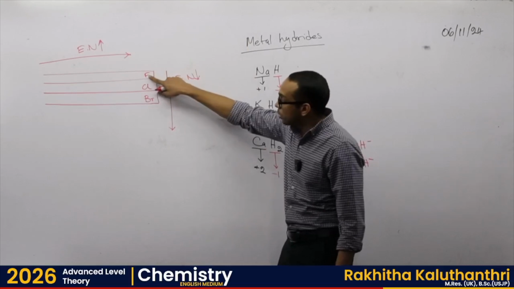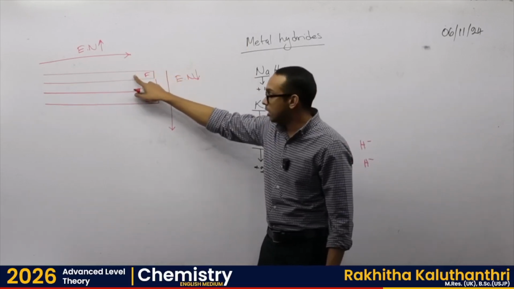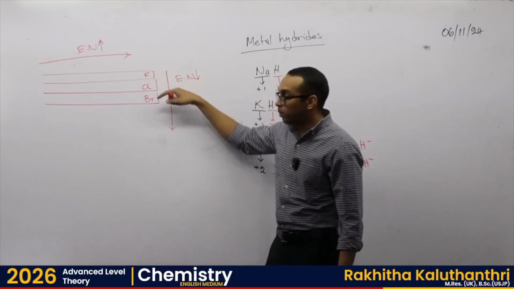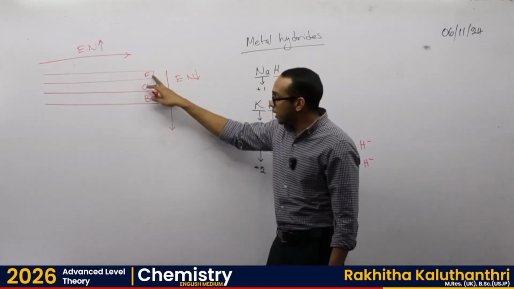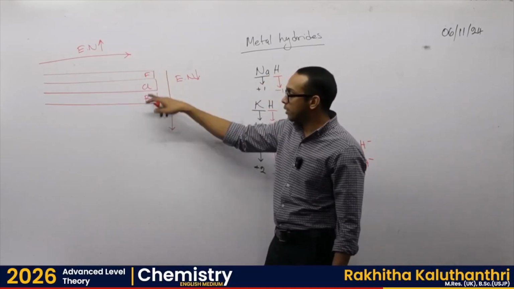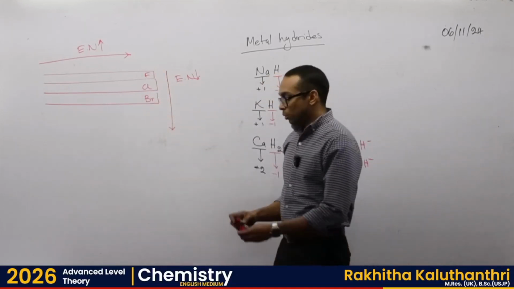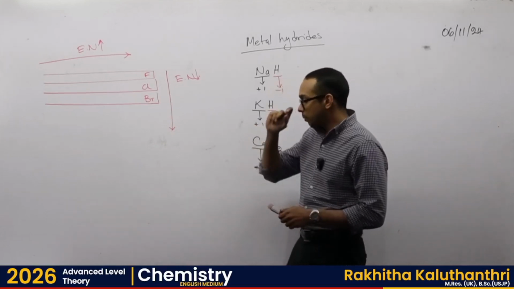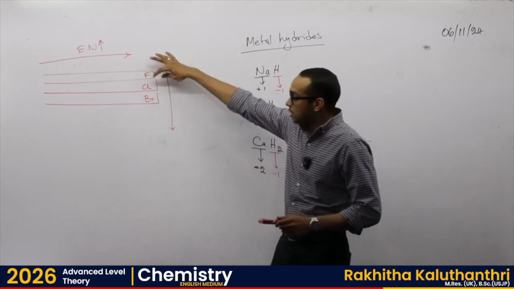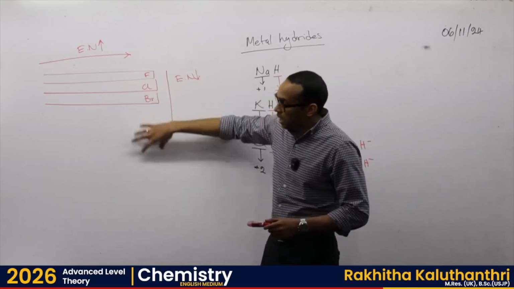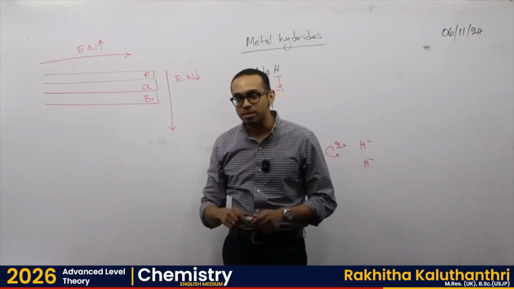So fluorine is the most electronegative in the entire periodic table. Then comes oxygen, then nitrogen, followed by chlorine, and then there are others. As you go down this halogen group, the electronegativities gradually decrease. So what you need to keep in mind is, most of the time when halogens, that means group 17 elements, are bonded to other elements, they tend to be more electronegative than the other elements.